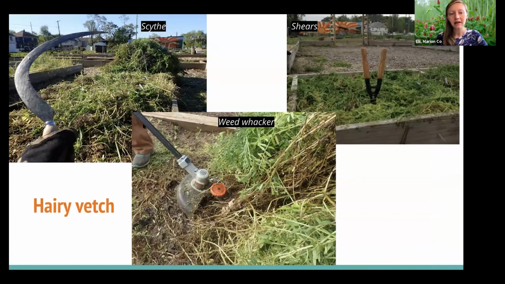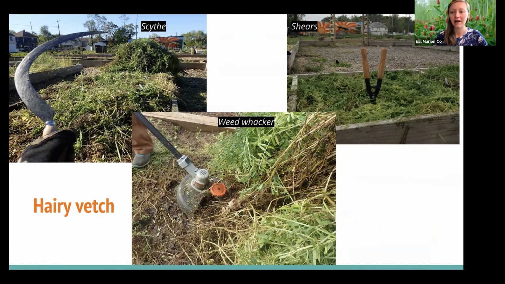On a small scale, if you're organically or physically wanting to terminate your cover crops rather than chemically terminating them, you can use a lot of different tools to cut them down. This is an example of hairy vetch where it was scythed down.